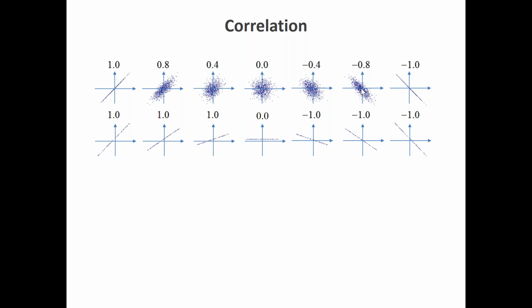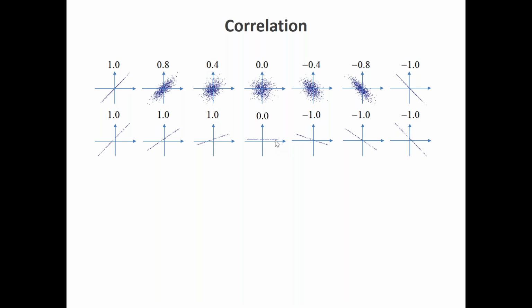It is negative if when one series tends to go up, the other tends to go down, and vice versa. So just keep this in mind, and remember that correlation is always one if the points are on a line, as long as the line is not parallel to one of the two axes.